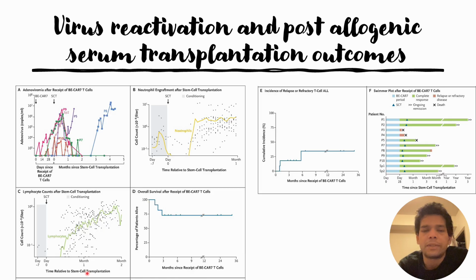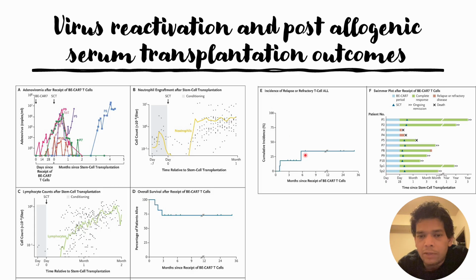Thereafter, they checked the important thing necessary for any clinical trial, which is the survival rate, and they were able to see in panel D that the survival rate is around 75% for the patients who received these BE-CAR7-T cells. And thereafter, they also checked whether the relapse of this refractory T-cell ALL occurs, or reoccurrence of the tumors happens within the patient or not.